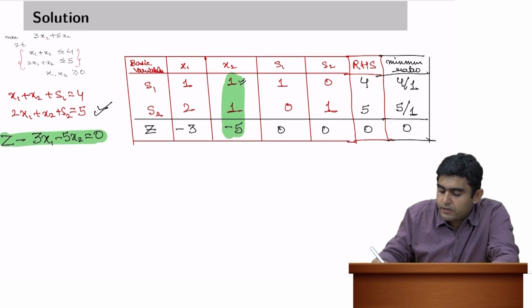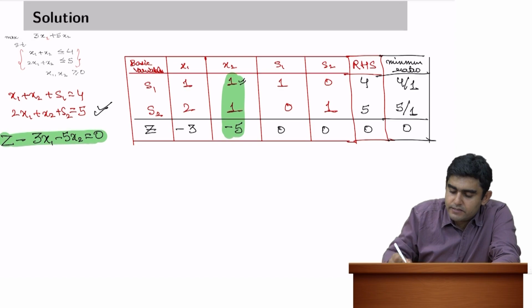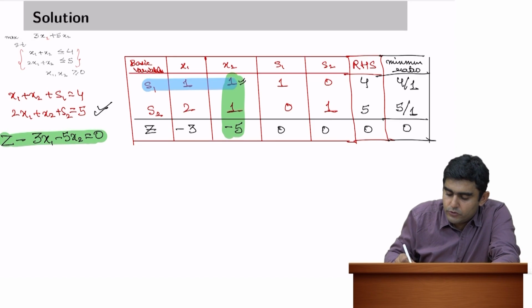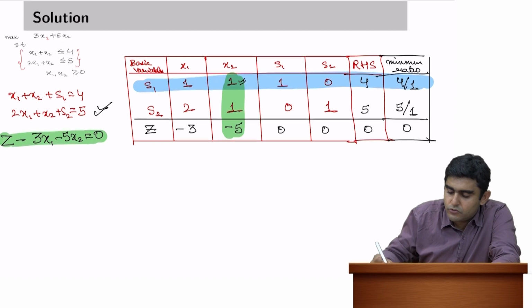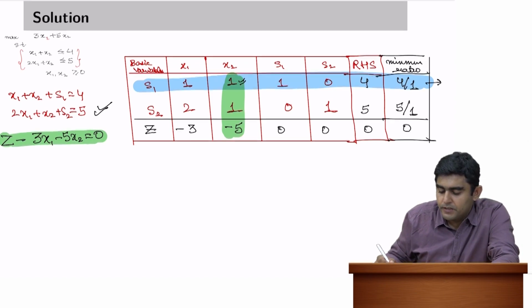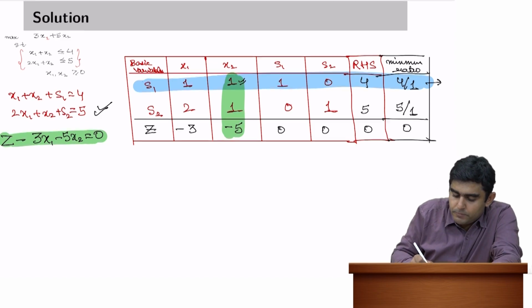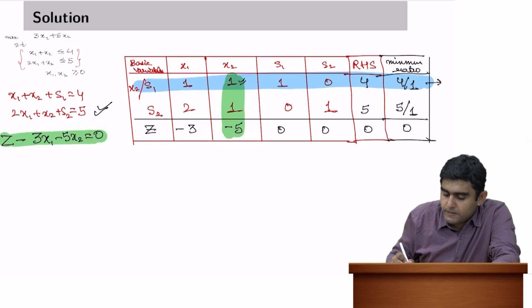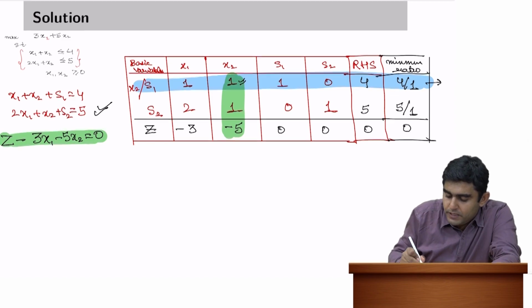Whatever is the positive minimum ratio here, that is the variable that is going to leave our solution. So in this case, S2 will leave and become a non-basic variable. Now, the moment it happens, we have to bring x2 into the picture in place of x1. And now x2 should be in canonical form.